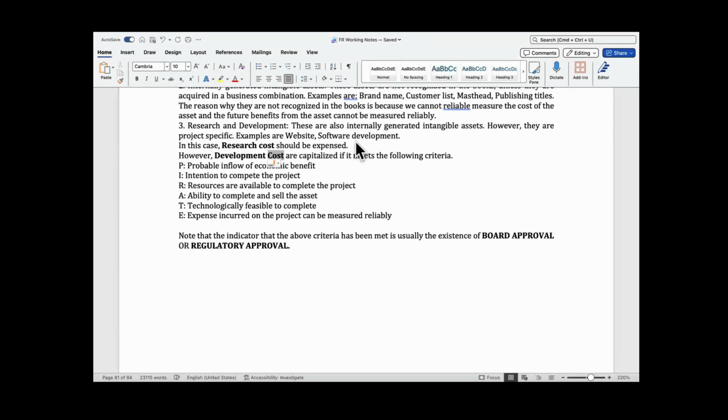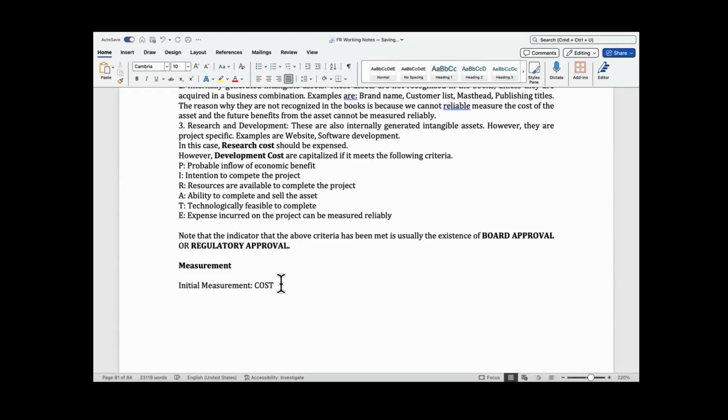Now, the next one is measurement. When you have now recognized these assets, depending on how you acquire them, you then need to measure them. Like I've told you before, there is initial measurement. It's the same thing as what you learned under PPE.